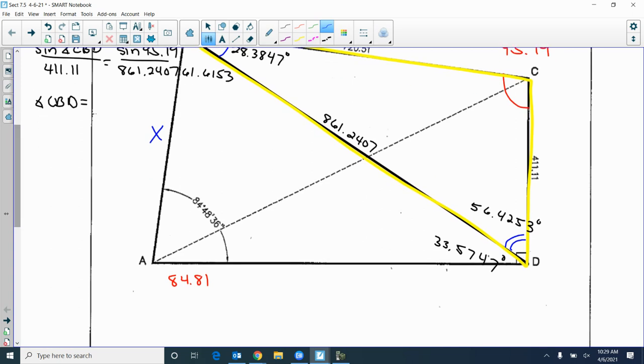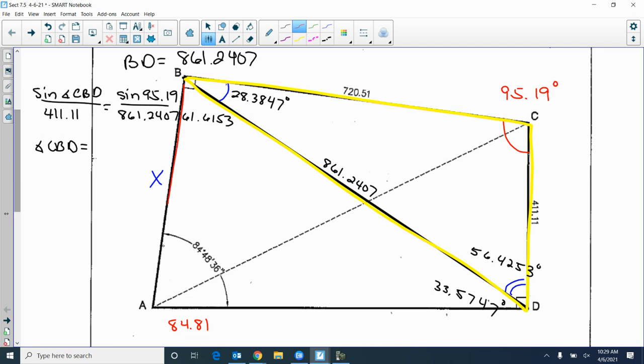And so now you got to shift your attention to the opposite triangle here.